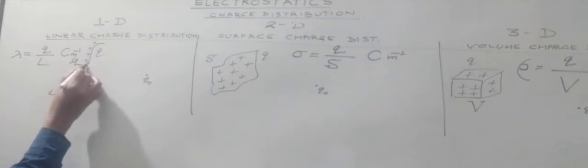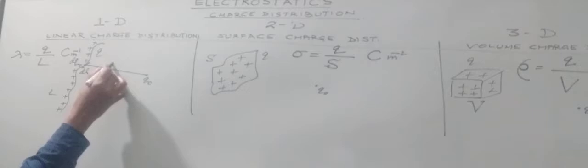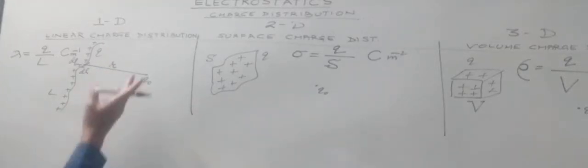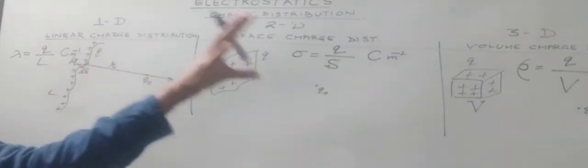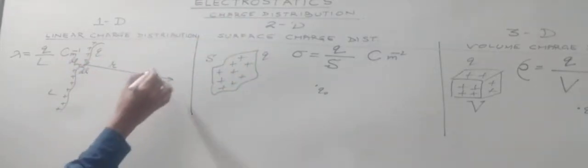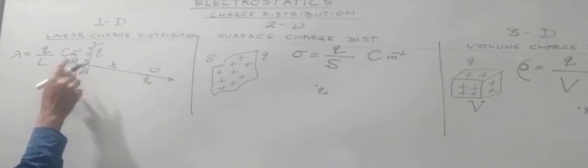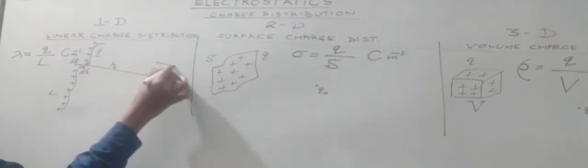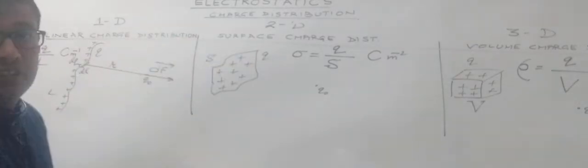Suppose the distance between the center of the elementary portion and this charge Q naught is r. For convenience, let's consider both are like charges. Then it will experience a repulsive force, away from it. That small force experienced by Q naught due to small charge dq would be represented by dF along this direction. That's clear.